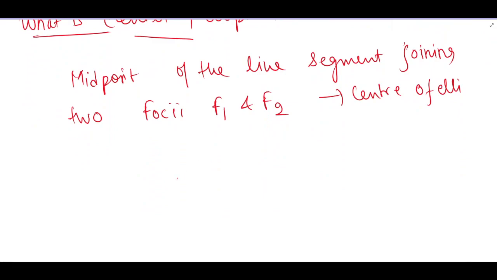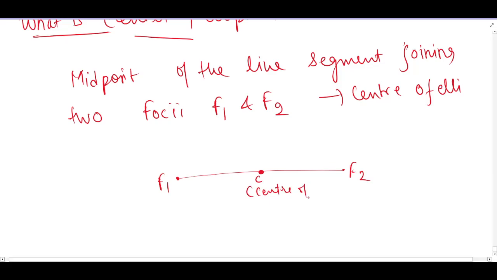That is, if we have two foci F1 and F2, then the midpoint will be the center of ellipse. That is, this distance will be c and this distance will be c because this is a midpoint.